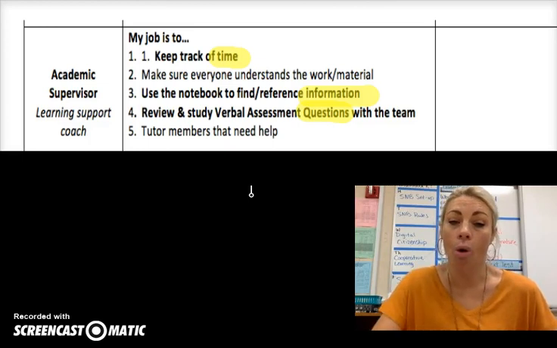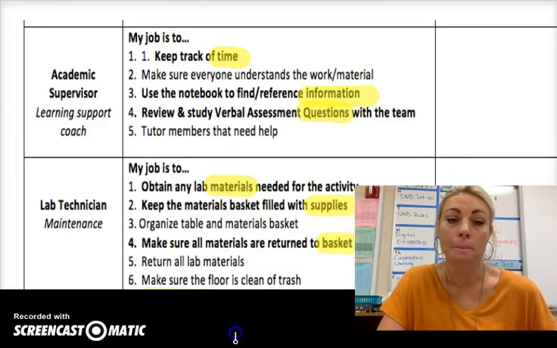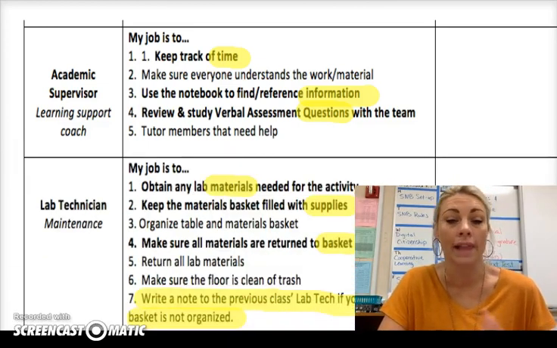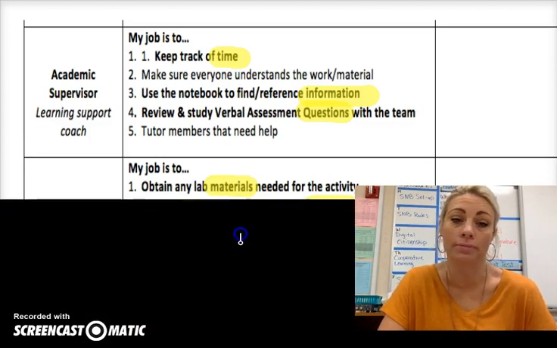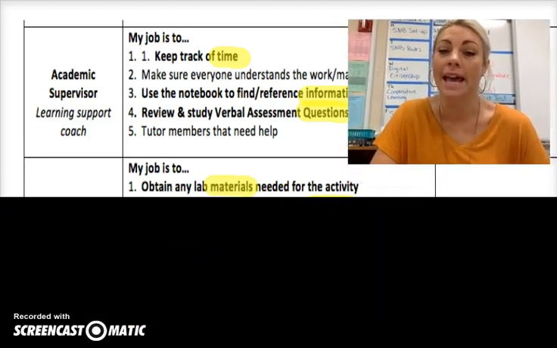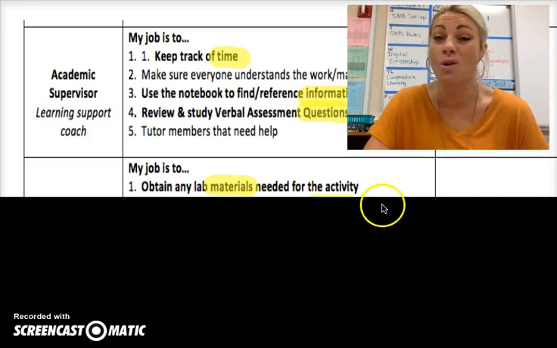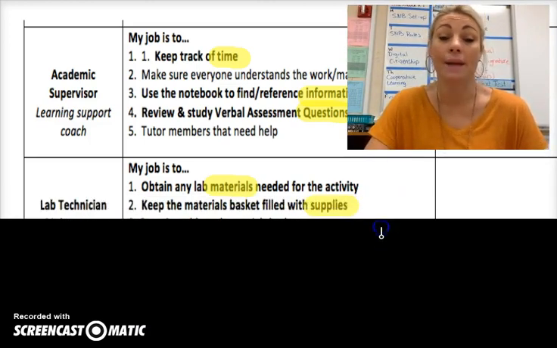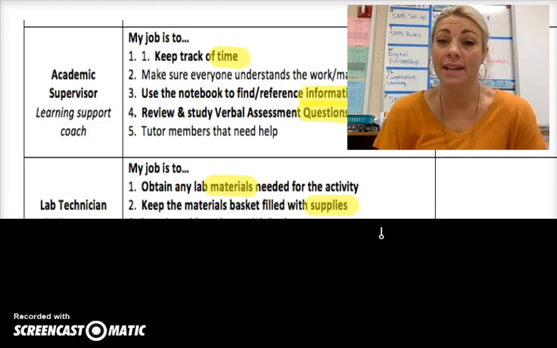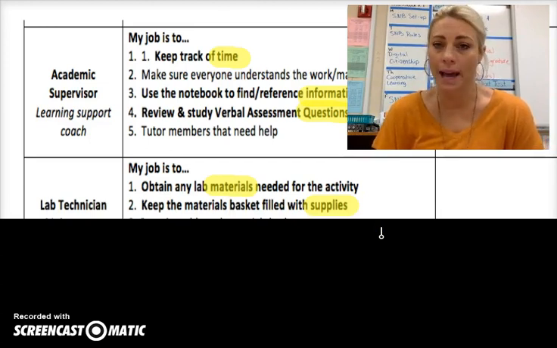The last role when working in a cooperative learning team is the role of the lab technician, or like I said earlier, the lab tech for short. It's the lab tech's job to get any materials needed for an activity or a lab. It's the lab tech's job to keep the basket on your desk filled with supplies at all times.